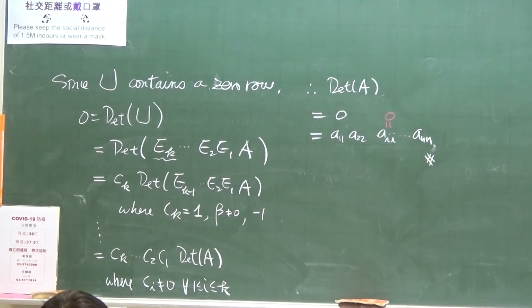Okay. Actually, if you look at the example, you can see that if we do Gauss-Jordan elimination, finally we will have a zero row. Why? Because in the last column, this one will eliminate this one.